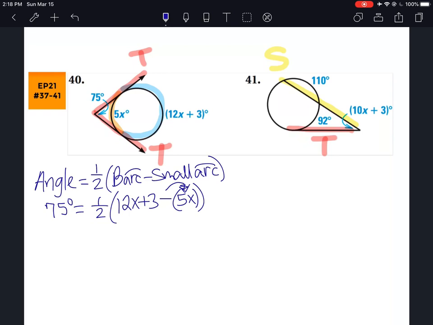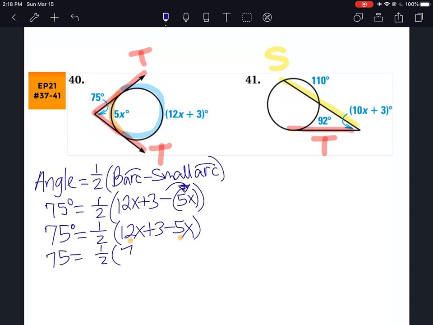That means you will have to distribute the minus sign to the value here. No big deal because 5x is a monomial. 75 degrees equals 1/2 (12x plus 3 minus 5x). Then you can combine like terms. You can combine 12x and negative 5x, and you will get 7x.